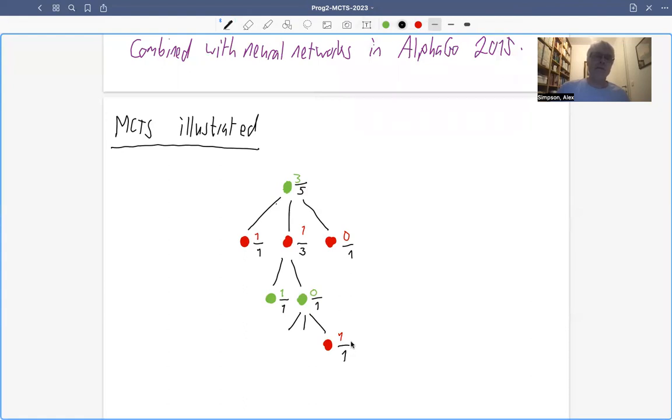And again, I'll give it its right name now. We propagate the statistic backwards. We do back propagation, updating the scores everywhere we go along, incrementing the number of games we played by one up the branch to the root we've just played, and on the red nodes, incrementing the score by one because red won this game. So this is a green node, so green's still only 1-0, but it's now out of 2.